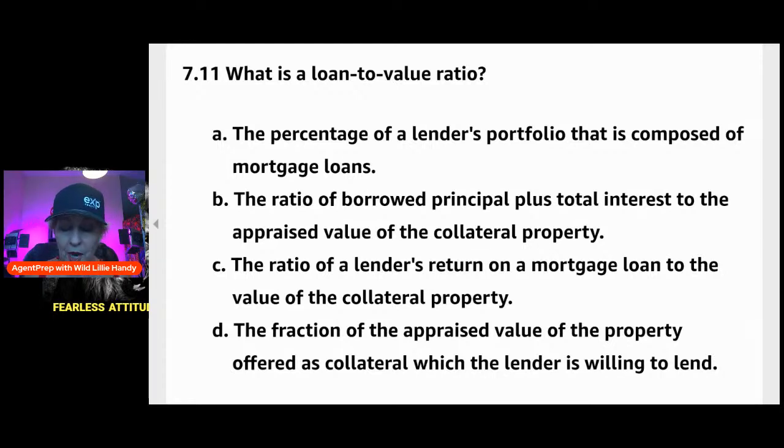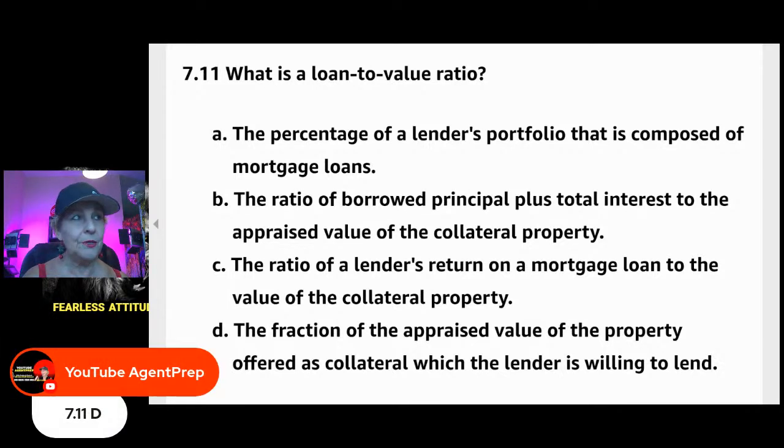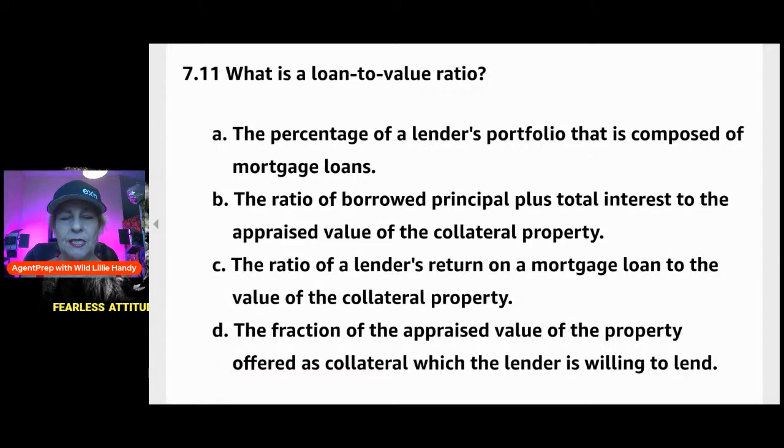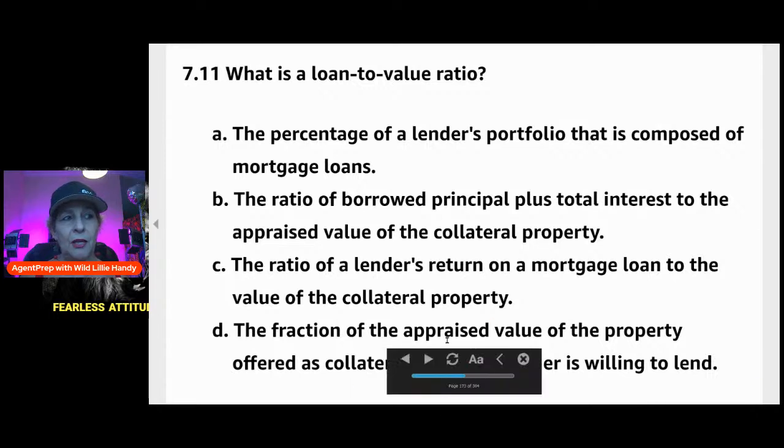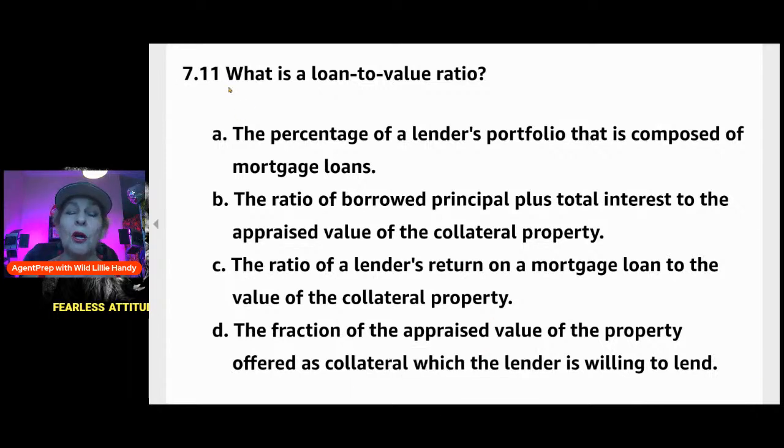You changed it. You doubted yourself on that. So the answer is D, the fraction of the appraised value. So the lender is going to loan on an 80% loan. They're loaning 80% of the appraised value.